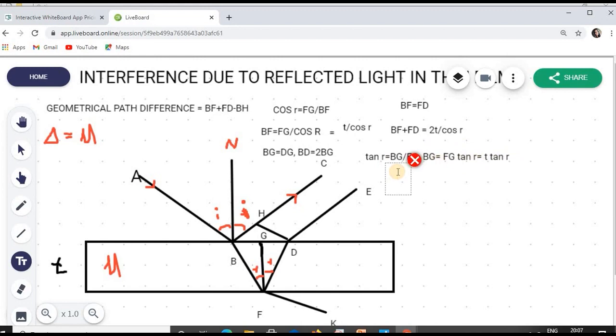So BD is equal to 2t tan r. This is an important result. BD is equal to 2t tan r, and BF plus FD is equal to 2t by cos r.